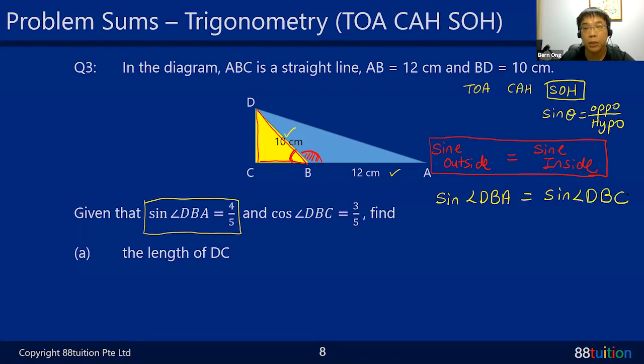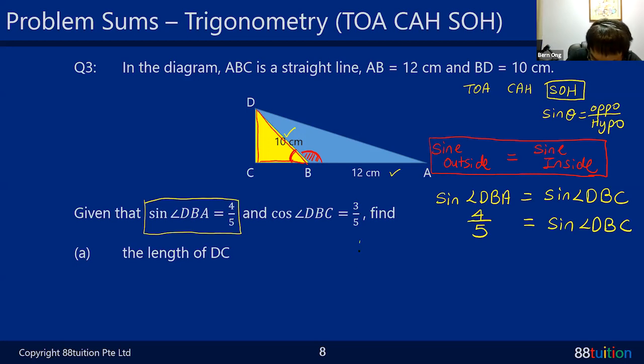So the shaded angle and the not shaded angle are the same for sine. Sine outside is equal to sine inside, which is equal to 4 over 5. Which means that sine inside DBC is also 4 over 5.